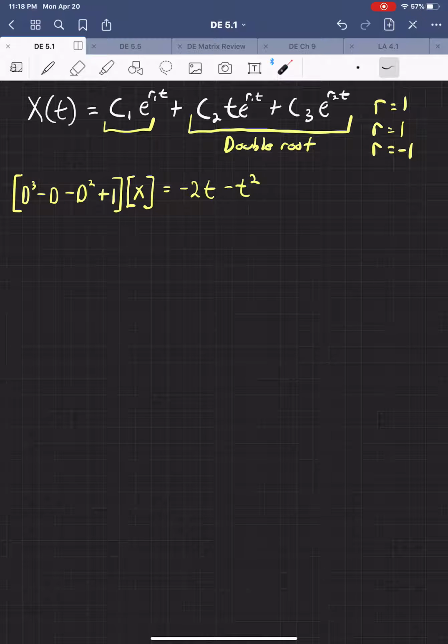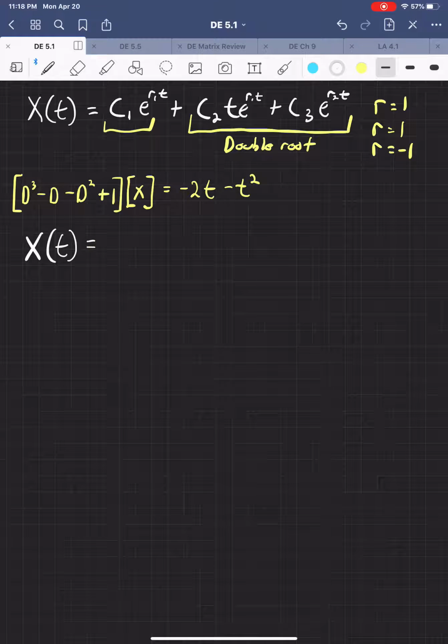So all right, let me now go ahead and place everything in its correct form. So in this case we have x of t is going to be equal to, this is just the general solution, c sub 1 e to the t plus c sub 2.